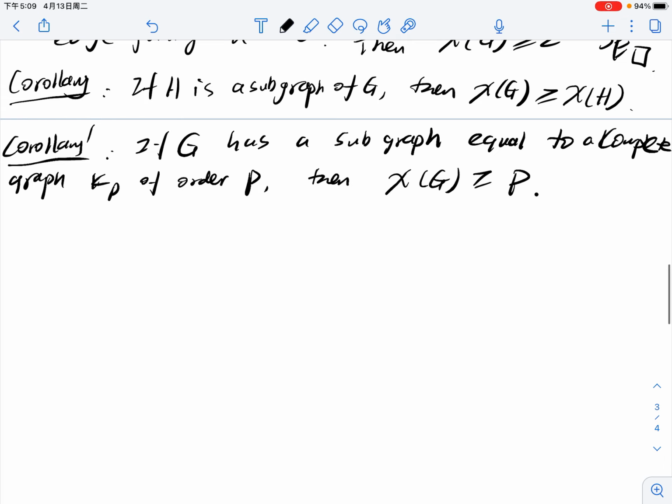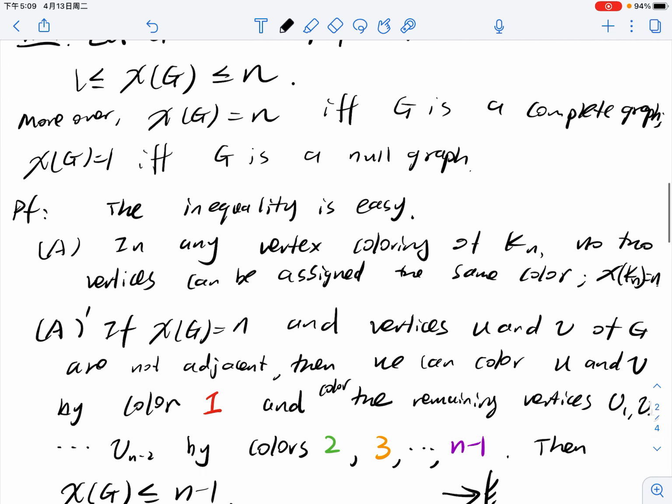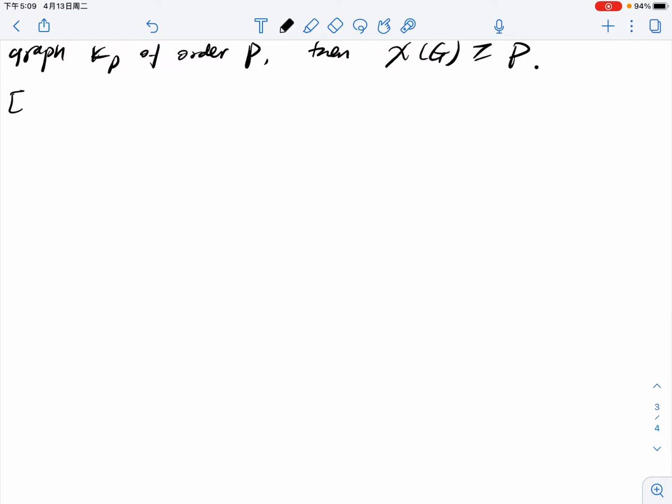So this is a combination of the previous theorem and the lemma and the corollary. And using these we can determine the chromatic number of the following graph.